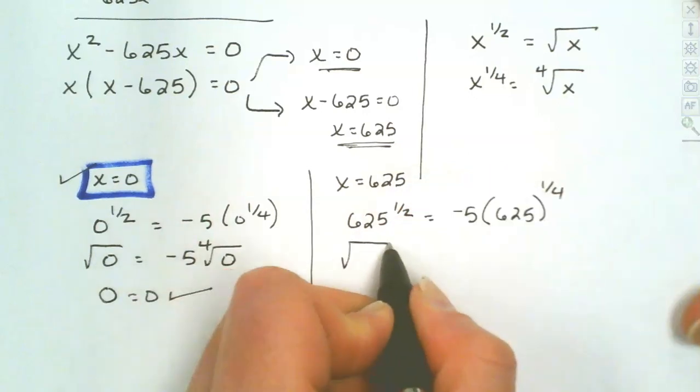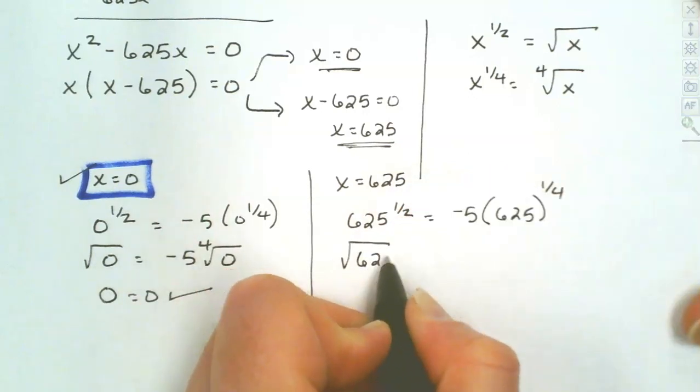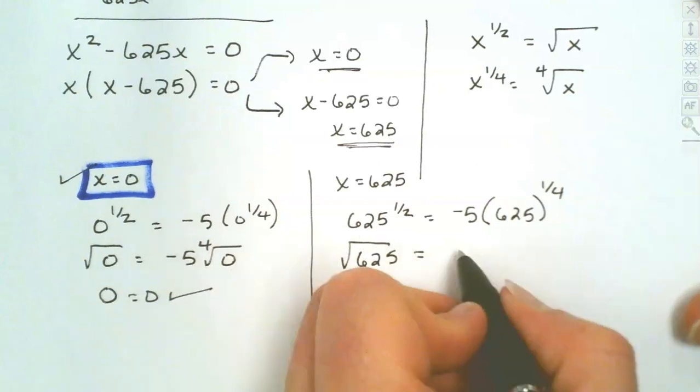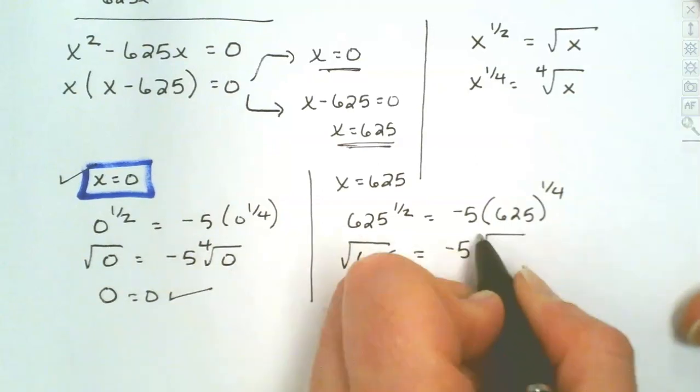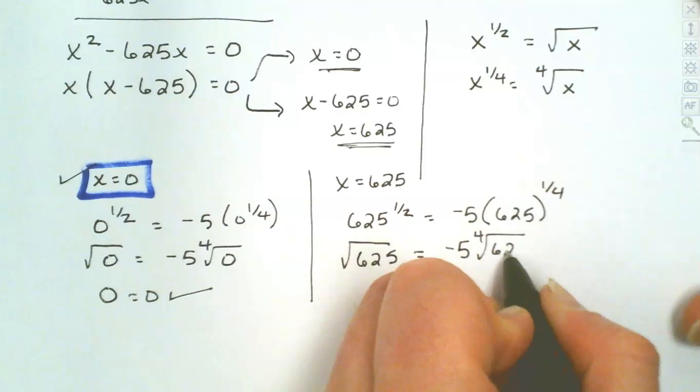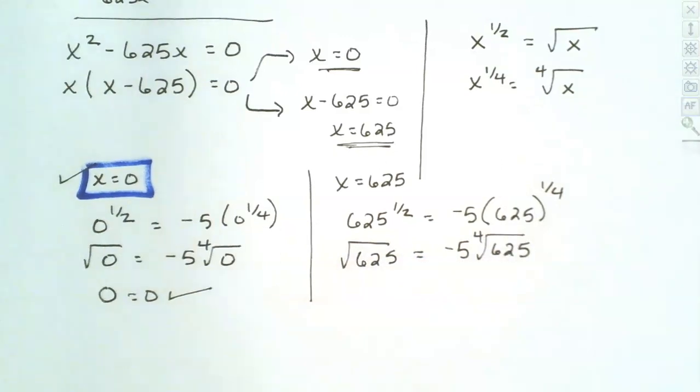So that's the same thing as the square root of 625 equals minus 5, the 4th root of 625. Now, this is not going to work. Why is this not going to work? Well, if you use a calculator, what's the square root of 625? Okay, the square root of 625 in your calculator is 25.